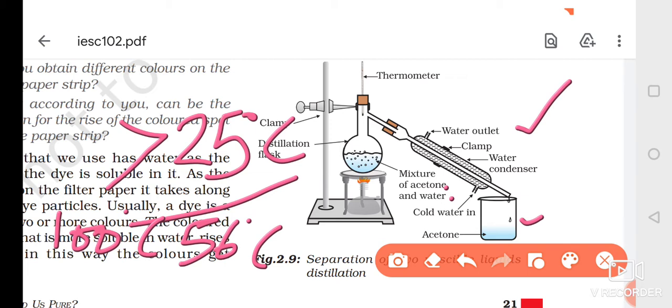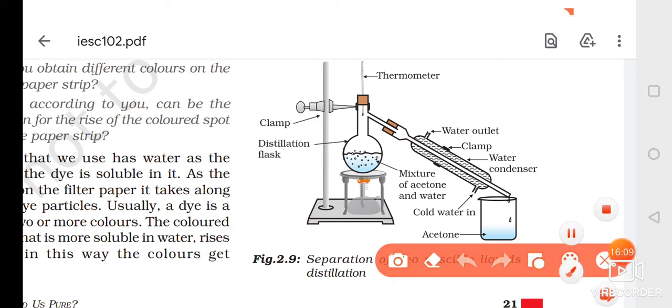Now what will happen? As the temperature reaches 56 degrees Celsius, all of my acetone will start evaporating, forming vapors, and will travel into this condenser. In the condenser, all the vapors will be condensed and converted into liquid form, and we can collect it in the beaker.